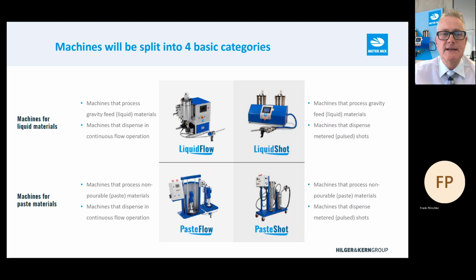Machines for processing liquid materials and machines for processing paste materials. So if we look at the machines for processing liquid materials, we've decided that we will use the word liquid flow and liquid shot. And the reason for this is that when we have SEO and Google rankings as well, someone who is searching for a machine to process a liquid will put in liquid and it will search for the Metermix brand.